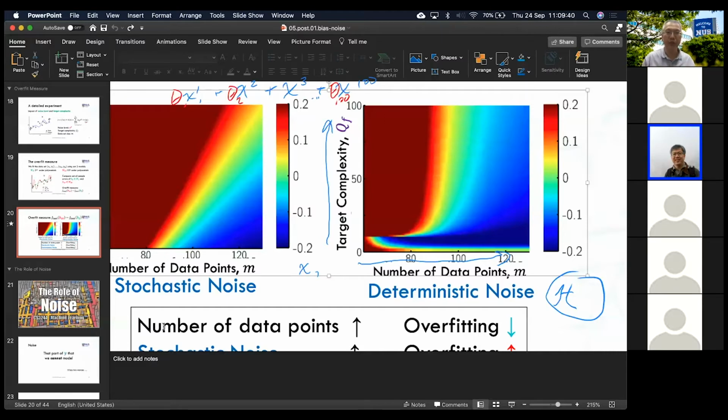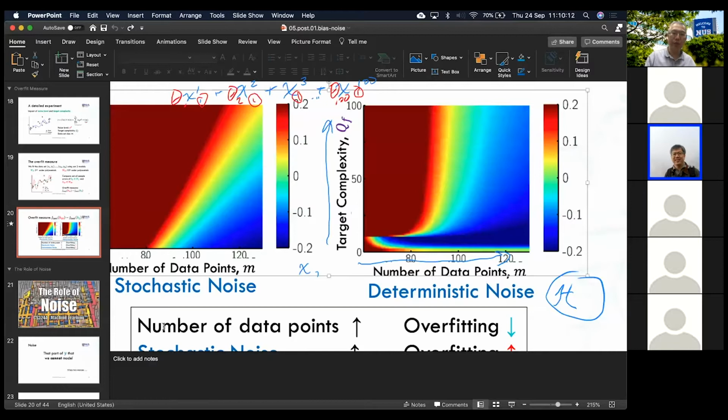Even if we have only one x1, it can be to different powers, and then you would have different weights for each of the coefficients. Here we're looking at this one variable with a different target complexity. And when we increase the target complexity, the underlying target function gets more wiggly.